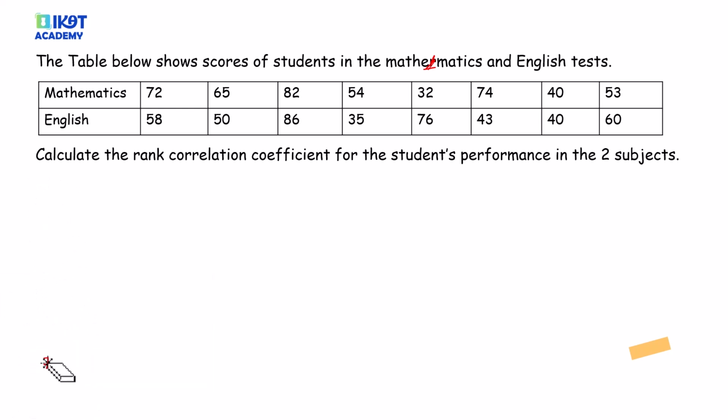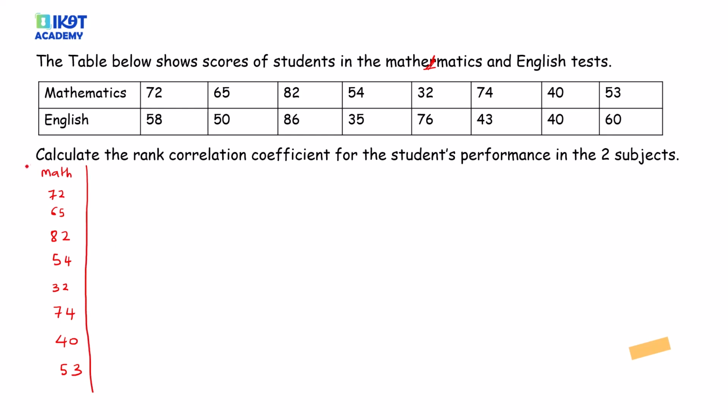Should write something much smaller so that it fits. So okay, we have math, then this is 72, 65, 82, 54, 32, 74, 40, then 53. So that's the first column, math.